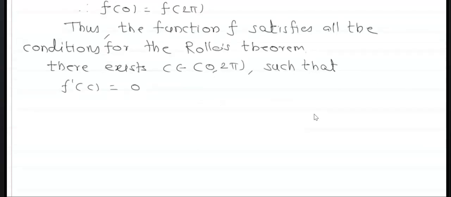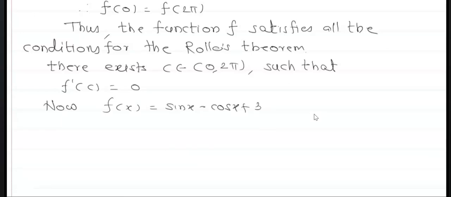Now we will find out the value of c also. There exists c belonging to 0 to 2 pi such that f dash of c is equal to 0.